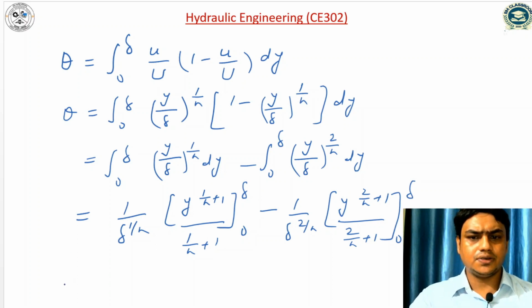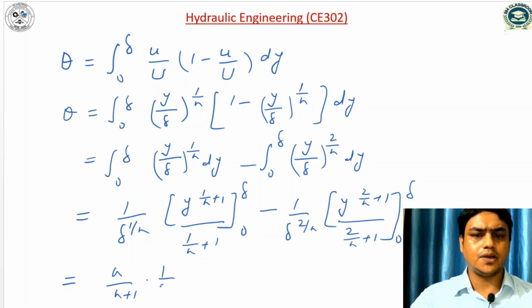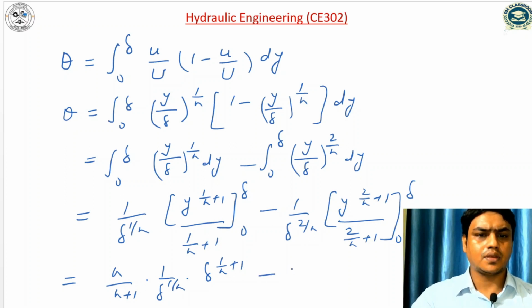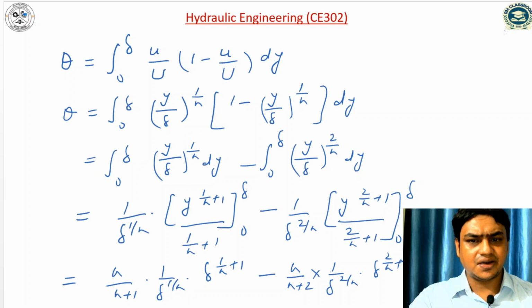So this value is n by n plus 1 into 1 by delta to the power 1 by n into delta to the power 1 by n plus 1, minus n by n plus 2 into 1 by delta to the power 2 by n into delta to the power 2 by n plus 1. I hope you are understanding.